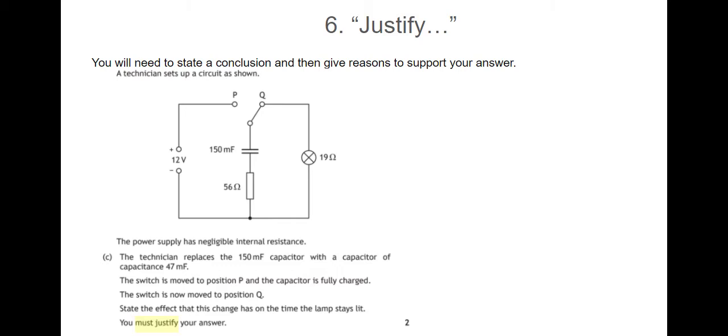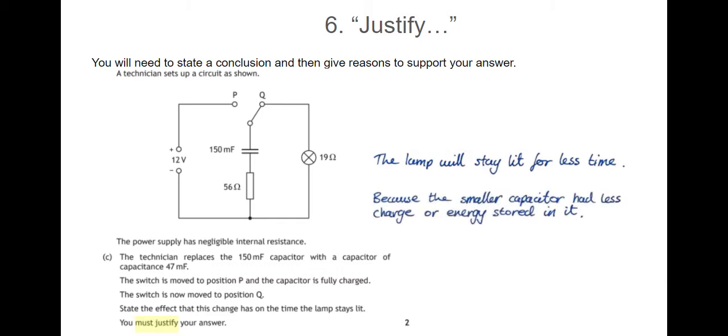You need the justification to have some correct physics in before you can get any marks. So it's a little bit harder to get the marks, but the way you answer it is the same. So I would say that the lamp will stay lit for less time because the smaller capacitor has less charge or energy stored in it. Because I've got some right physics in my justification, I can get both marks.